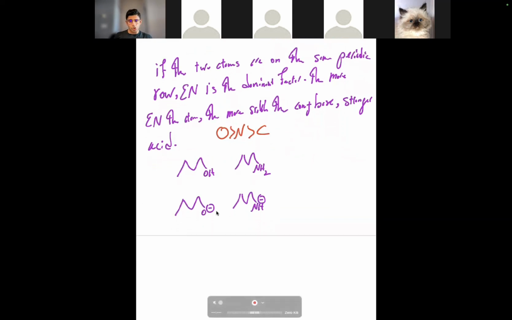That negative charge is much happier to be on an electronegative oxygen than on nitrogen. So this is the more stable base, which makes this guy a stronger acid. Literally.